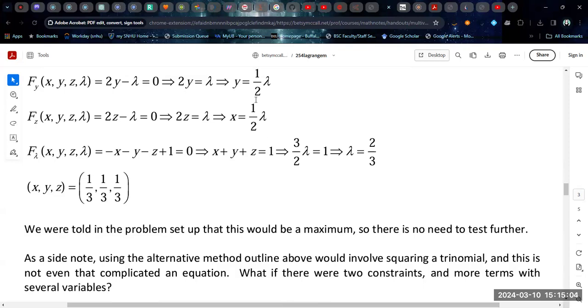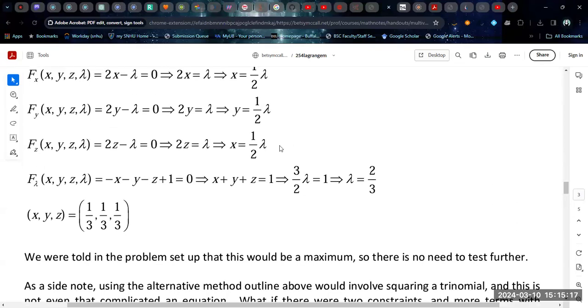And so I have 1/2 lambda and 1/2 lambda and 1/2 lambda, which is 3/2 lambda is equal to 1, which means lambda is 2/3. And then if I use that relationship in my equations in terms of x and lambda, then I end up with 1/3 for all of these values, because 2/3 times 1/2 is 1/3.